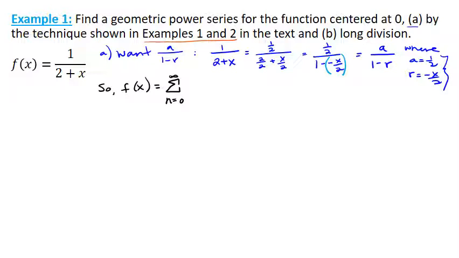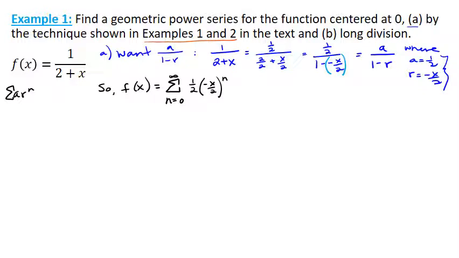Now, side note, remember a geometric series is a r to the n. Okay, so our a is 1/2. Our r is negative x over 2 to the power of n.